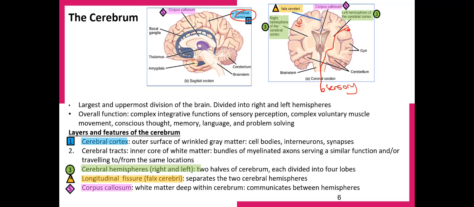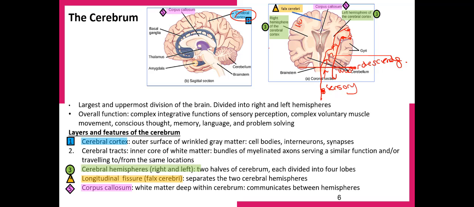You can see a sensory neuron over here, cell body somewhere in the periphery, sending its signal up there, synapsing with an interneuron in the cerebral cortex, and then sending information back down via the motor or descending tract.